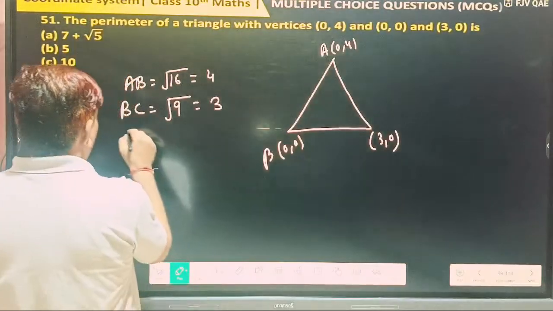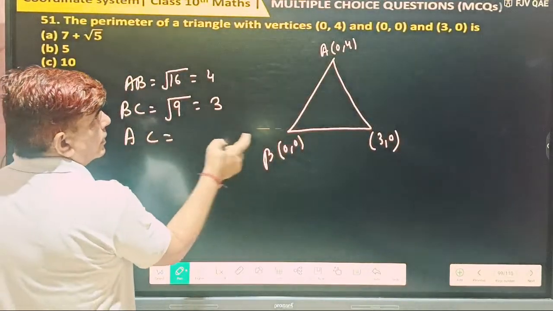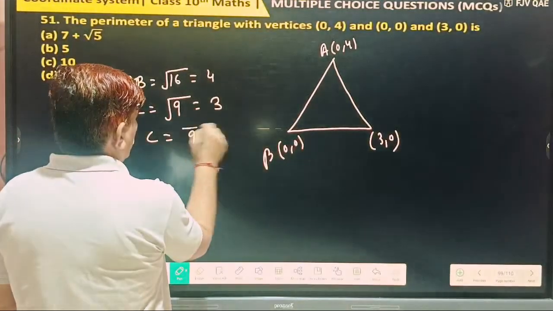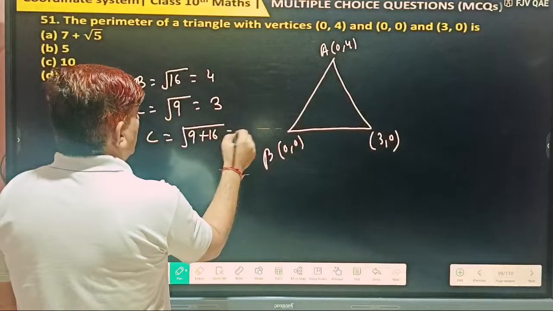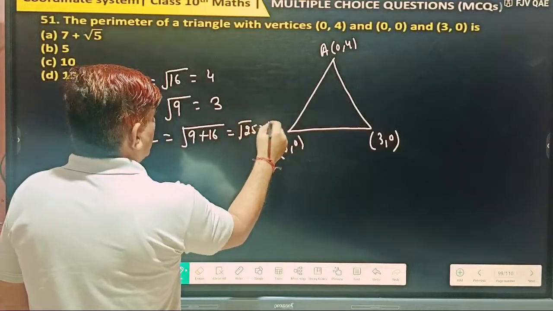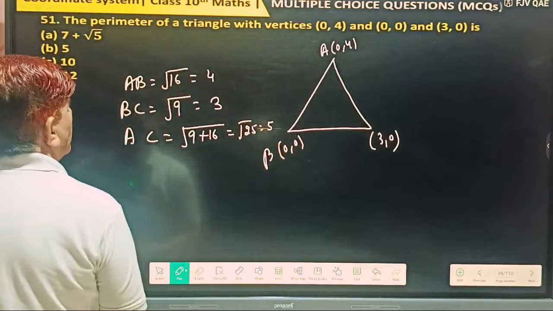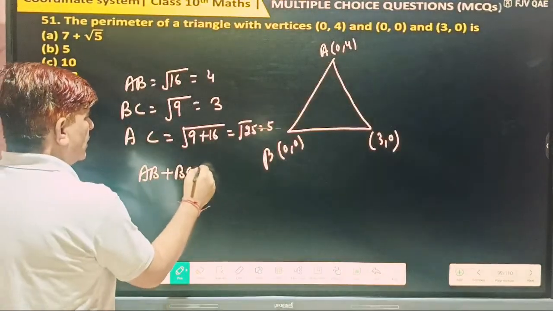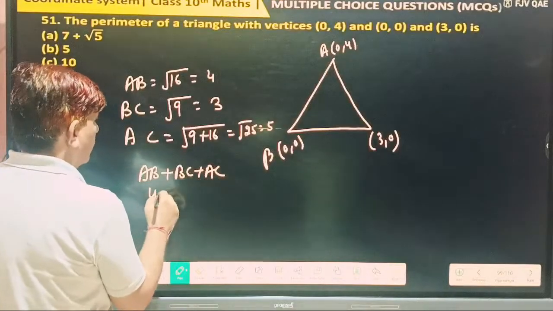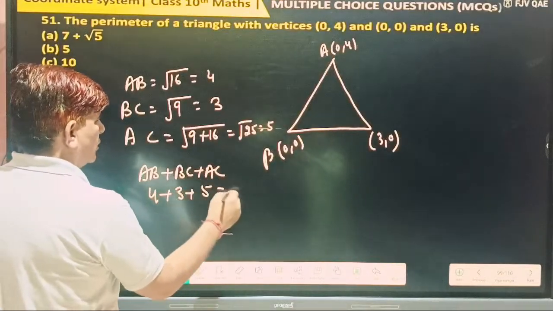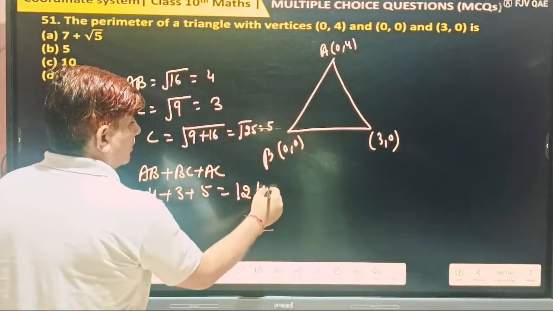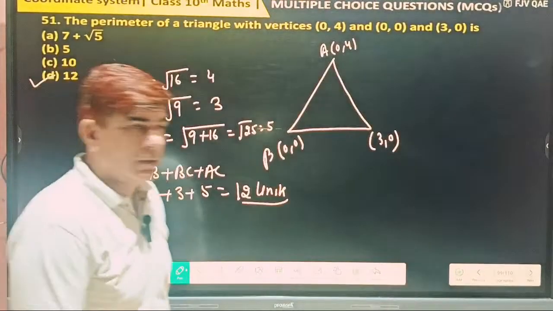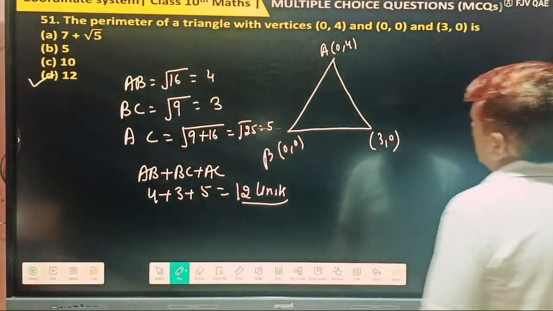Then find AC. 3 minus 0, 9, 16. How much? Under root 25, which is equal to 5. What's the perimeter? AB plus BC plus AC. 4 plus 3 plus 5, how much? 12 units. What's its answer? 12.